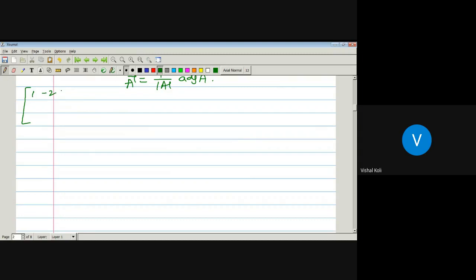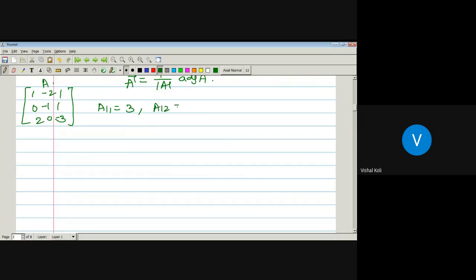Here 1 minus 2 1, 0 minus 1 1, 2 0, and minus of 3. So this will be matrix A. Now we have to find out its cofactor. So the cofactor A11 is minus 1 to the power 2 into minus 1 into minus 3 plus 3.